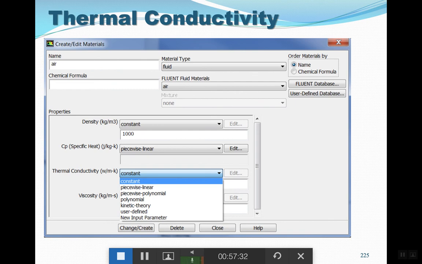You will use this capability whenever you want. They have put this capability in the system for you to provide your own functions. So the logic behind this is, okay, you're not happy with the models already populated with Ansys. You can't fit your data in any of those piecewise linear or piecewise polynomials.